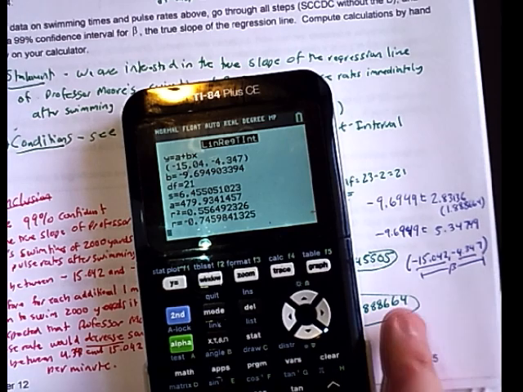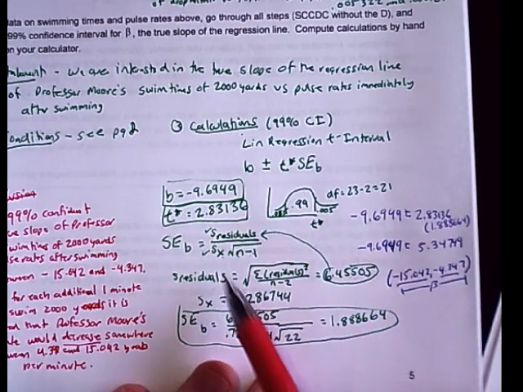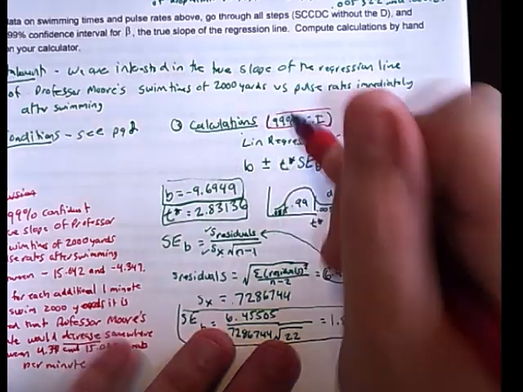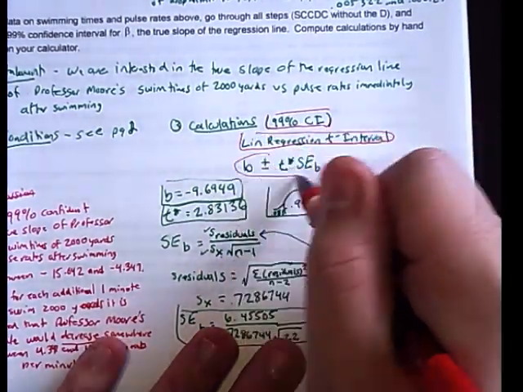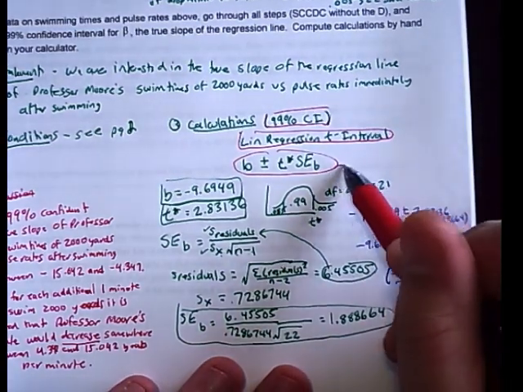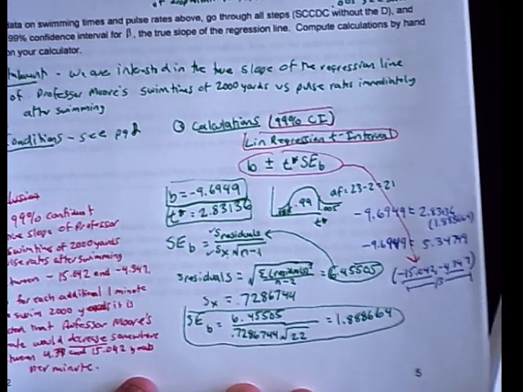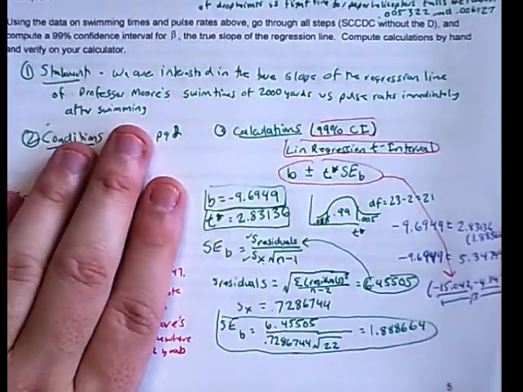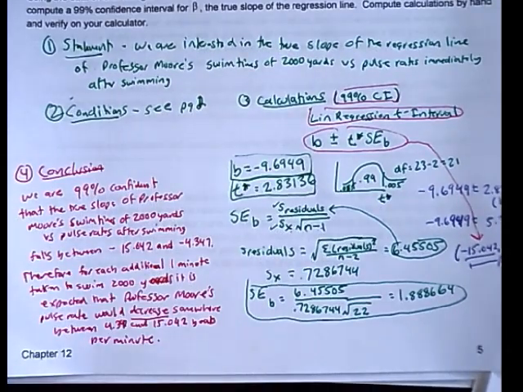So on the real thing, do not take the precious time you have and do all these calculations by hand. On your calculations, tell the reader that it's a 99% confidence interval, give the name of the test, give the name of the formula, and go straight to there. Everything else is important though. It's still important to do the statement, to check your linear conditions, and to write your conclusion fully. That's what's important.